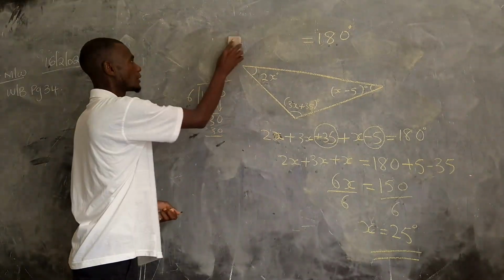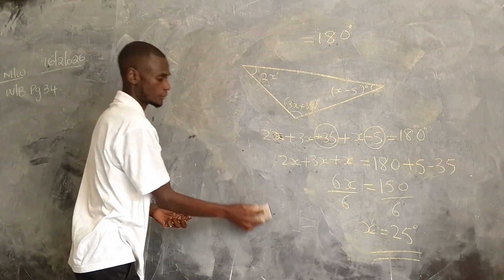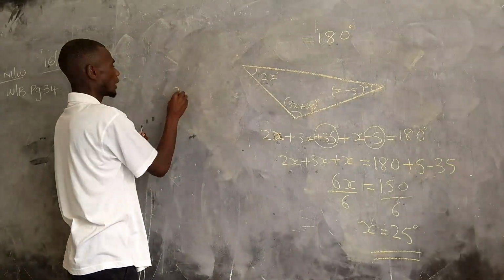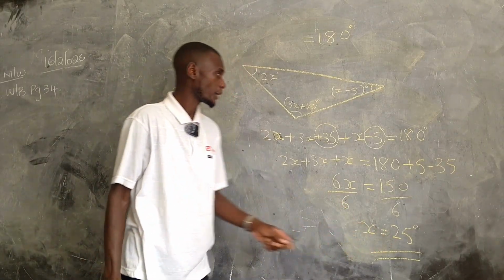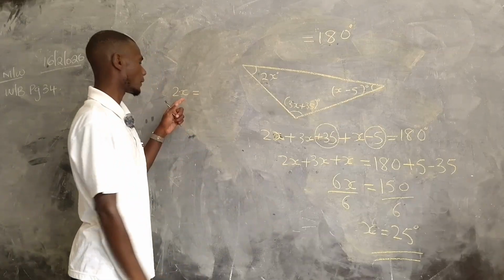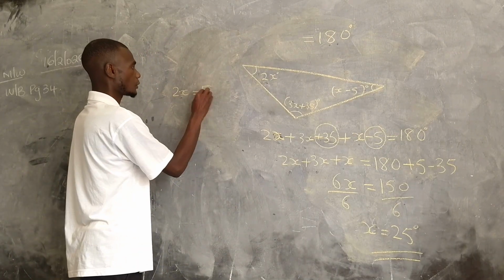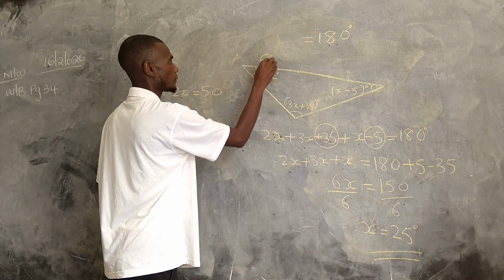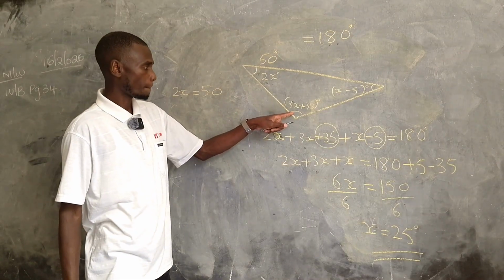So once you have the value of x, now you come and get the value of these angles. The first angle is this, which is 2x. If 1x is 25, that means 2x is 25 times 2. So that is 50. So this angle we have found to be 50. Let us write it there, 50 degrees. And let's come to this.